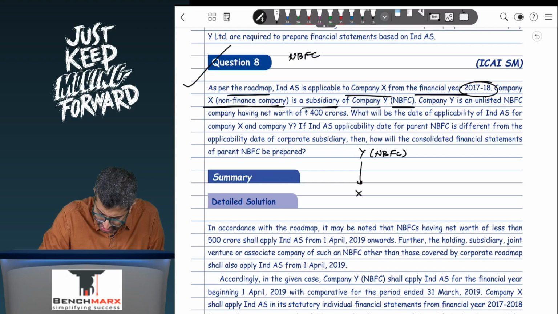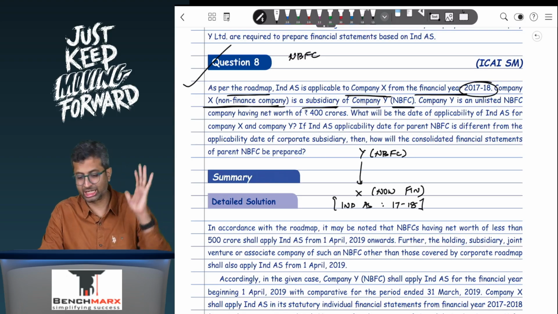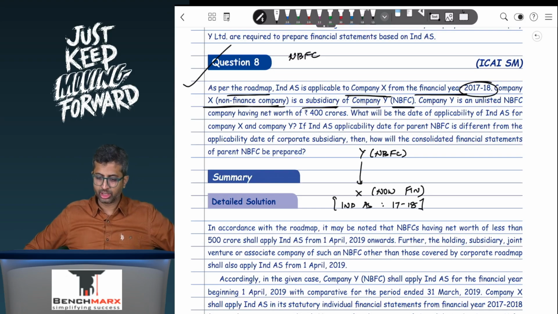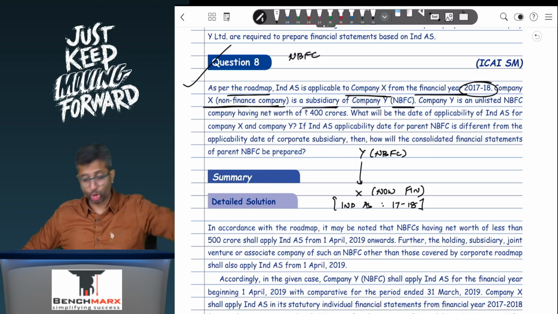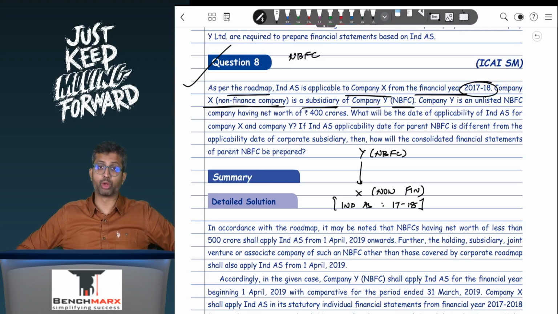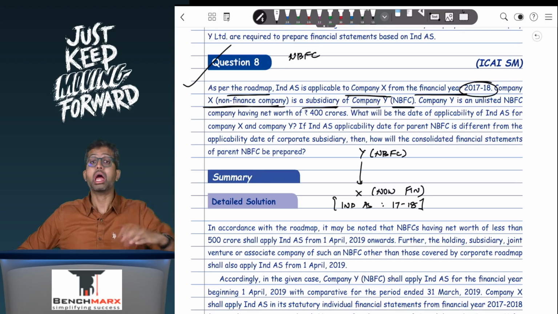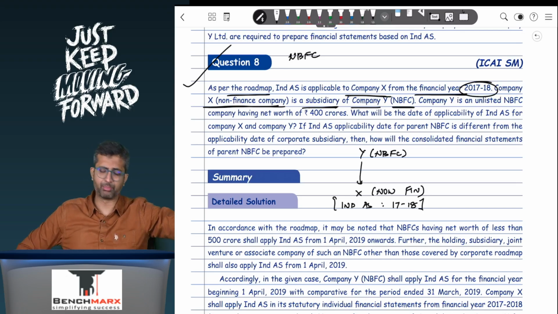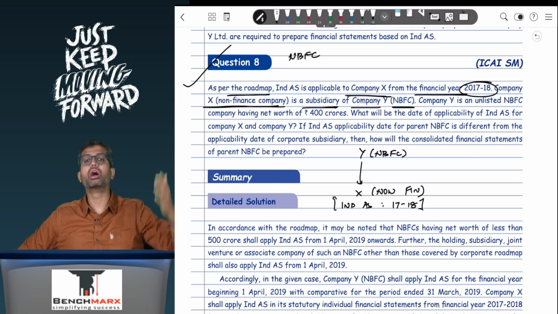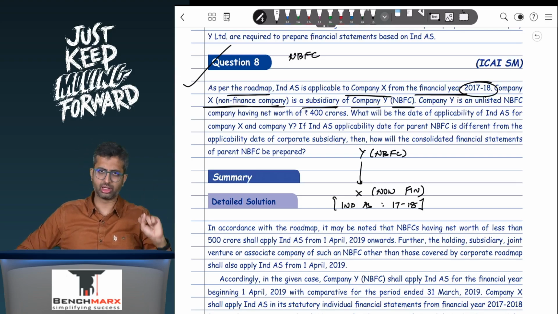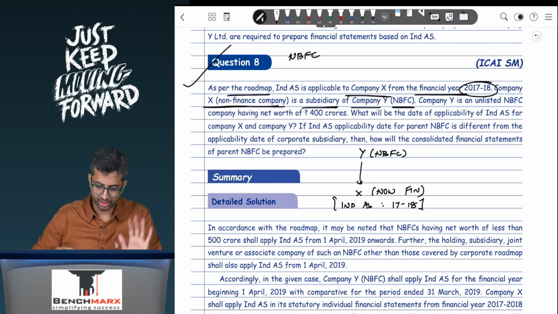For X, Ind AS is applicable from the year 17-18. Think and tell me. Let us say question ends over here. Will Ind AS also become applicable to the NBFC from the year 17-18? No. Very nice. Why? Because NBFC applicability and other company applicability is different. Perfect.